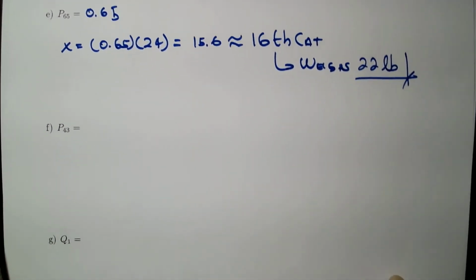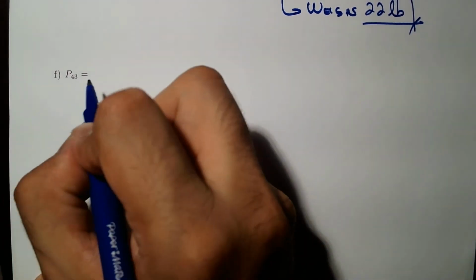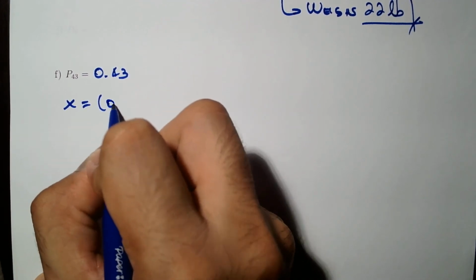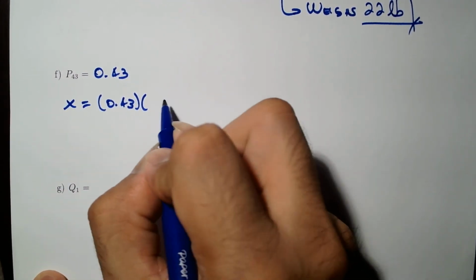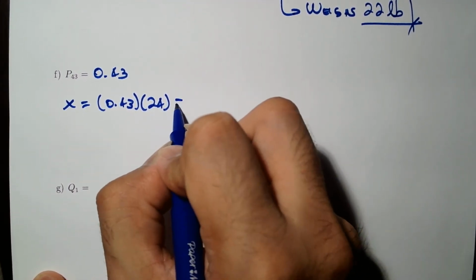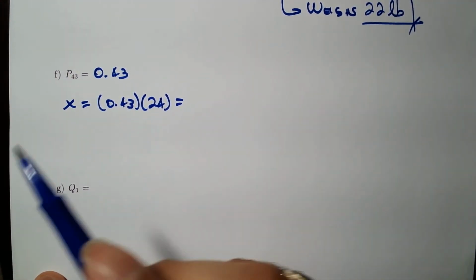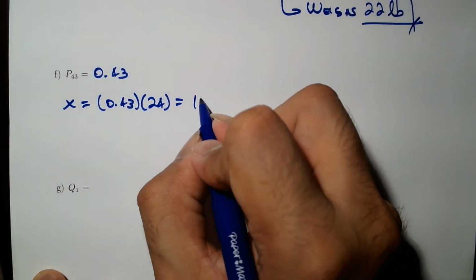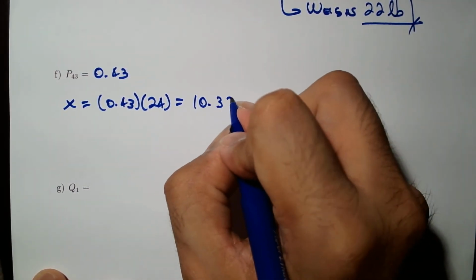Okay. P43. That's the same as multiplying by 0.43. X equals 0.43 times 24, which is the total number of cats we have in the data set. Multiplying those two numbers, we get 10.32.